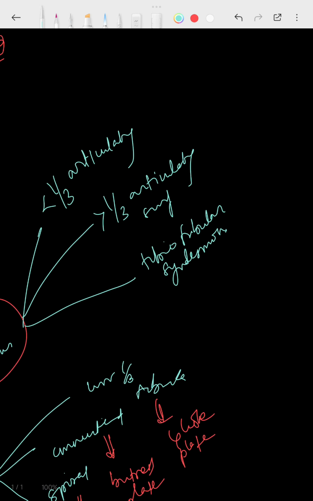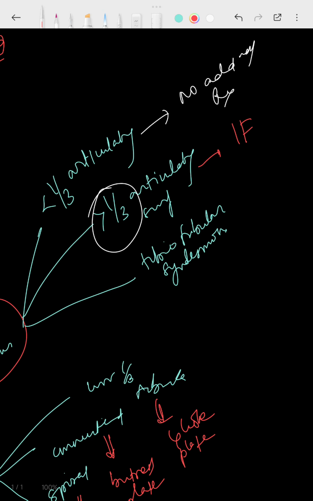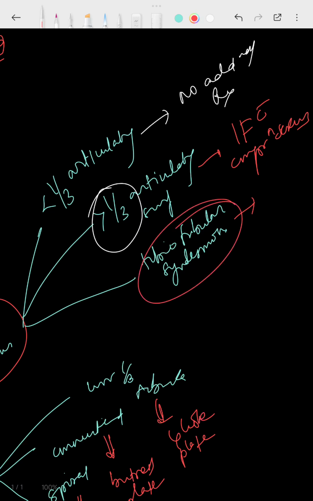If it is less than one-third, then no additional treatment. If it involves more than one-third, you manage it with internal fixation with compression screws. If there is tibiofibular syndesmosis involvement, you put long screws from the fibula to the tibia.